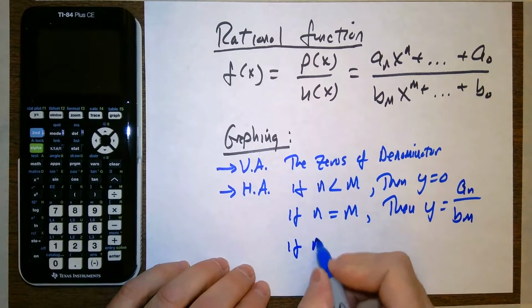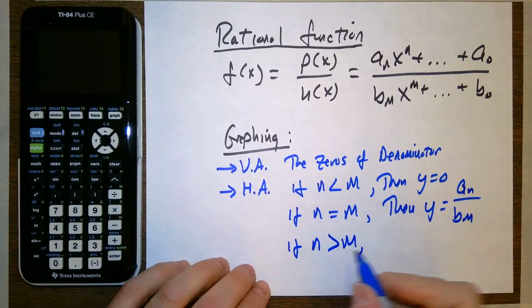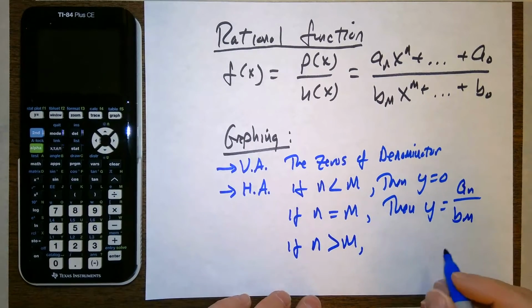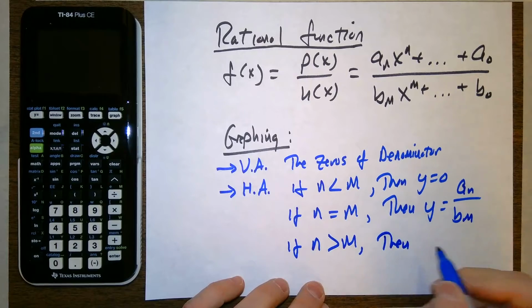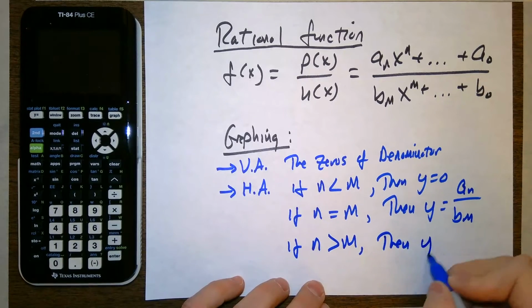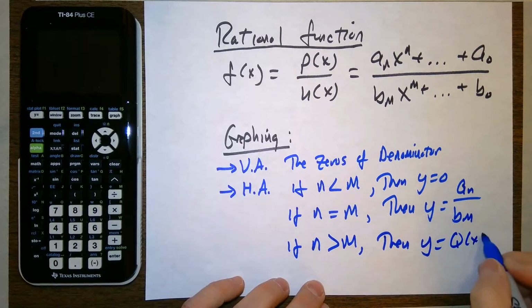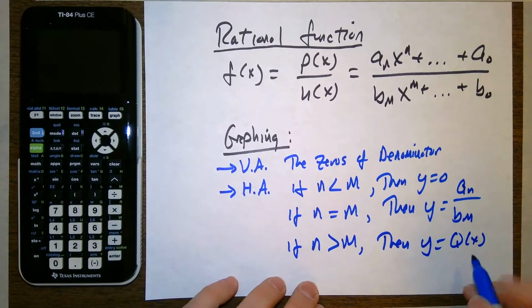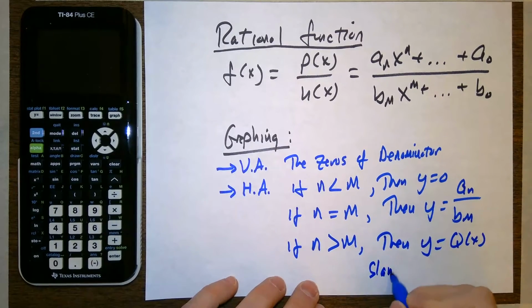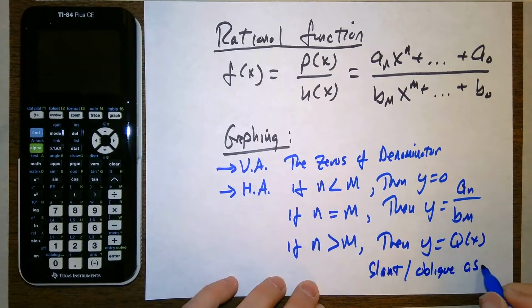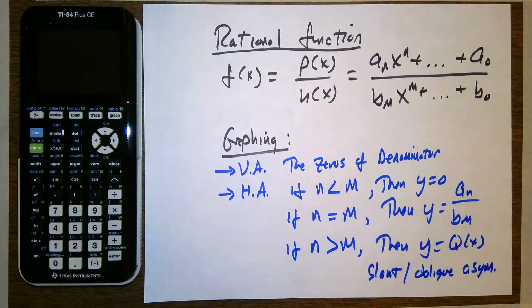And finally, if the degree of the numerator is bigger than the degree of the denominator, then we have to do the long division, and y equals q of x, the quotient, ignoring the remainder, and that is my slant or oblique asymptote.